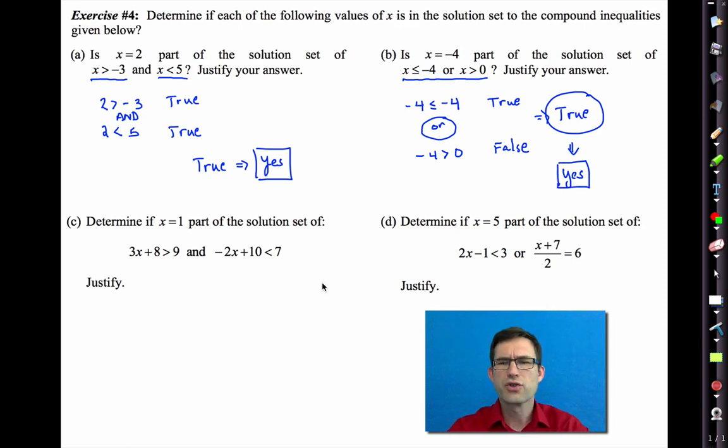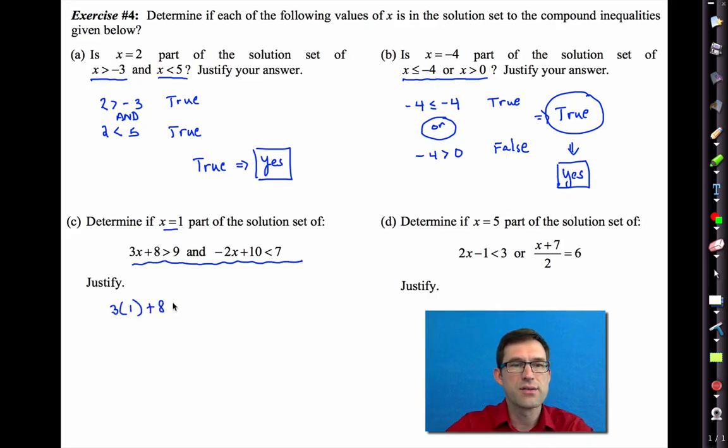Now, a little bit trickier. Well, not trickier, but just more, right? So is x equals 1 part of the solution set of this system of inequalities? Well, let's check. 3 times 1 plus 8 is greater than 9. 3 plus 8 is greater than 9. 11 is greater than 9.